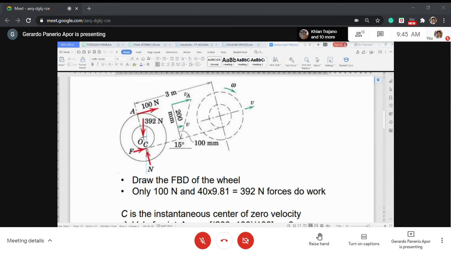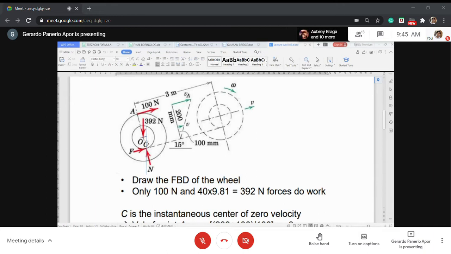In this case, there are only two forces that do work here, no? The one is the 100 Newton, which moves along the incline at A. So if you have force and then you have a distance of travel, and you multiply the two, that will become work.